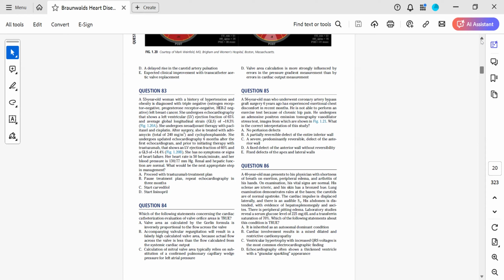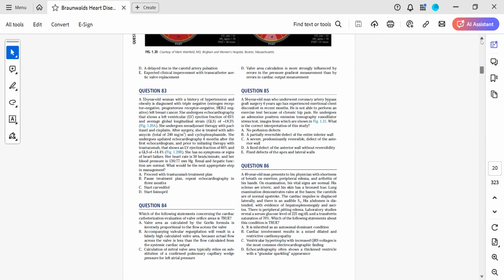So the Gorlin equation, we have the Gorlin equation for both aortic and mitral valve area estimation. But the basic is the flow equation. So flow is equal to area times the velocity. So here now, area will be equal to the flow divided by the velocity.